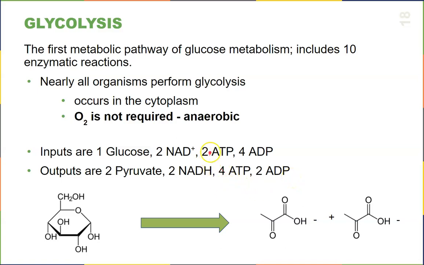So we get a net gain of 2 ATP, and then we get these 2-pyruvate, which move on to the mitochondria if available, and then these NADH, which move on to the mitochondria if available.